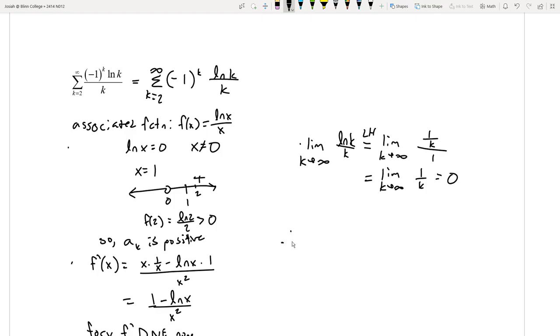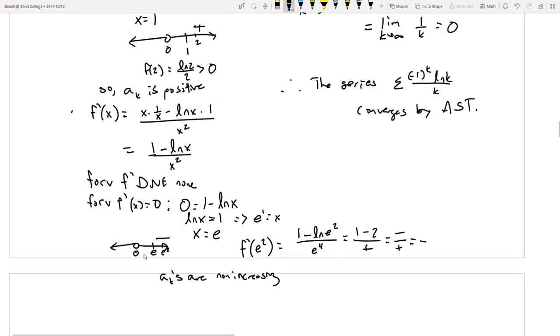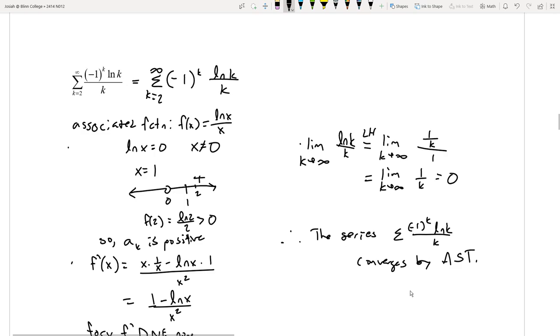Therefore, the series natural log of k over k converges by alternating series test. So I see all 3 components here. I can see the limit and I see my conclusion.